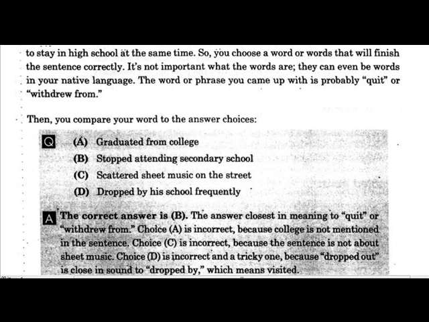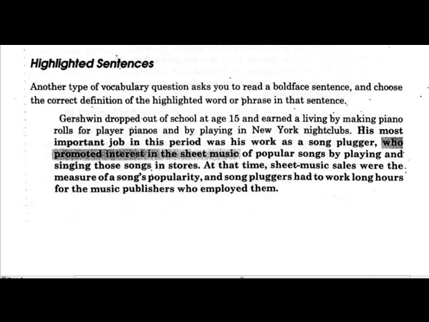If you're not going to school, the English phrase is dropped out of, which is the equivalent of quit or withdrew from school. As you can see down here, the correct answer is closest to it: B, quit.